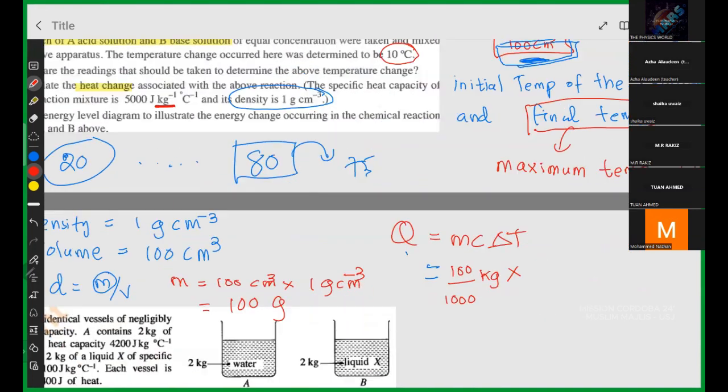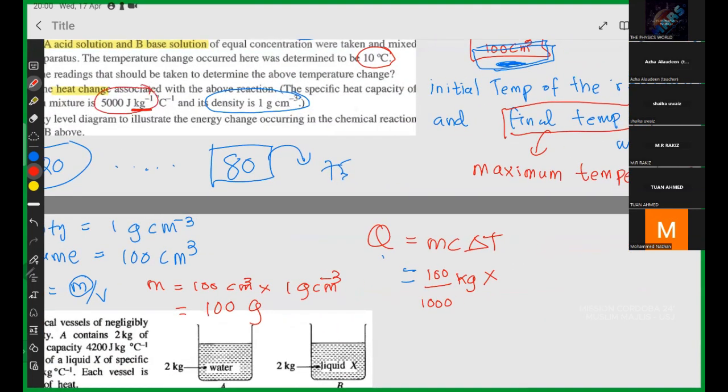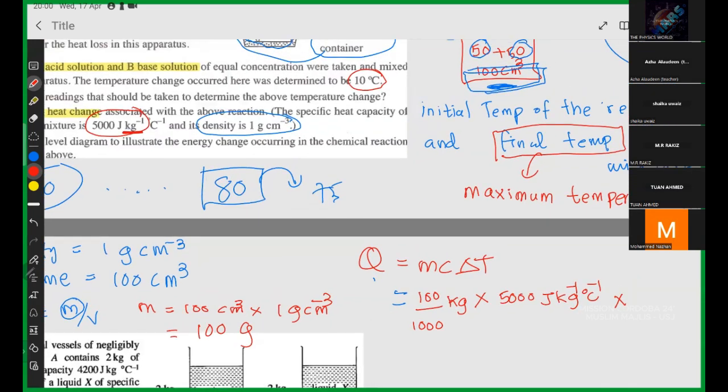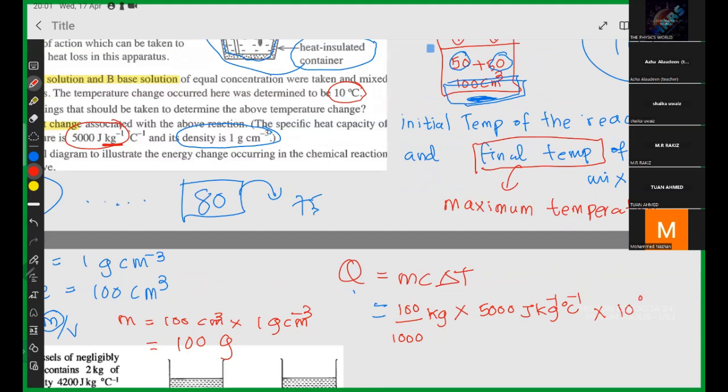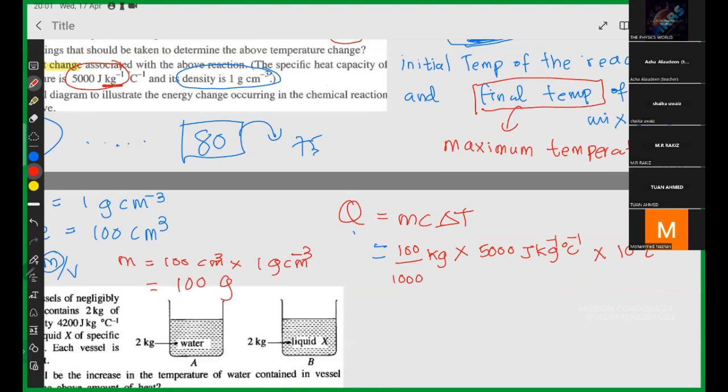What is the specific heat capacity given? 5,000 joules per kilogram per degree Celsius. And then what is the temperature change? It's already given at the start of the question, 10 degrees Celsius. So you can directly get the answer: 500. See, in this, the units are getting cancelled, and you get only joules remaining.